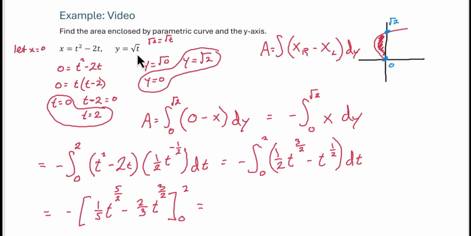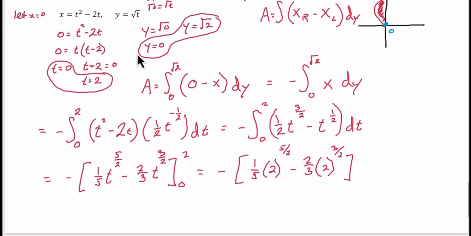We'll next plug in those limits. Negative 1/5 times 2 to the 5/2 minus 2/3 times 2 to the 3/2. And technically we're subtracting 0. That's not going to change anything.